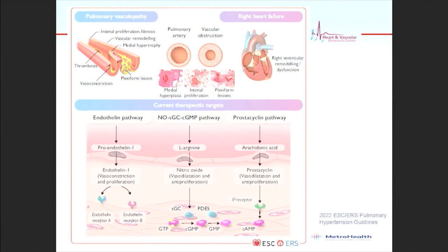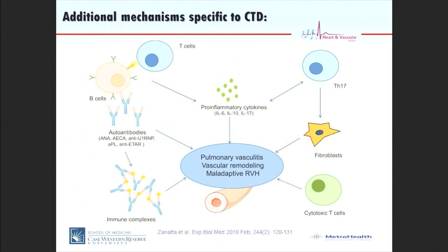The right ventricle that used to be low pressure now has to deal with systemic pressure and becomes more morphologically like a left ventricle. At the cellular level, you will have these processes going on in the endothelin, the nitric oxide pathway, and the prostacyclin pathway. And we will see later on that those are targets for therapy for pulmonary arterial hypertension.